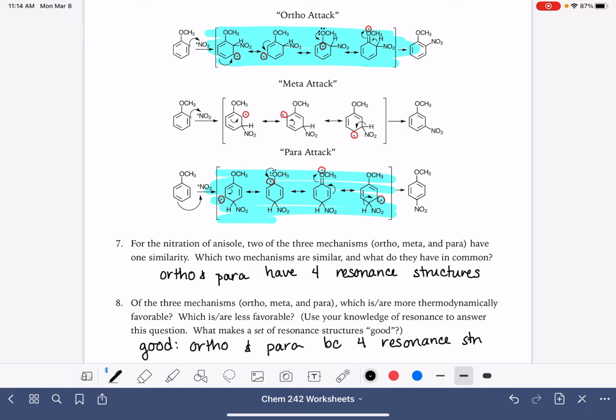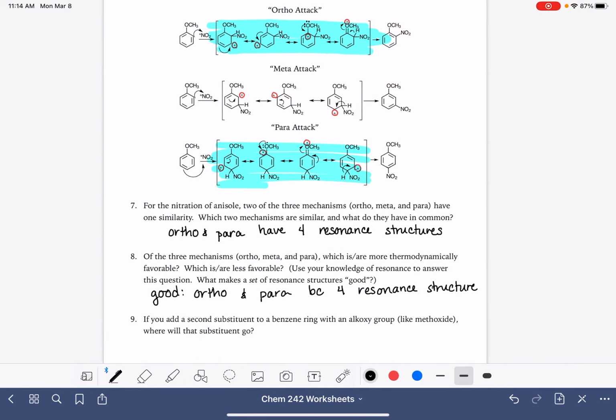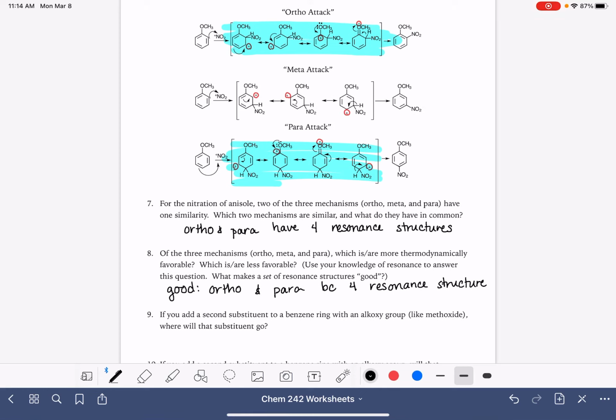And the less favorable would be the meta reaction. A meta reaction isn't bad. There isn't anything bad about it. I'm just going to call it bad anyways. It's just not as good as ortho and para. Meta is less favorable because it has only 3 resonance structures.